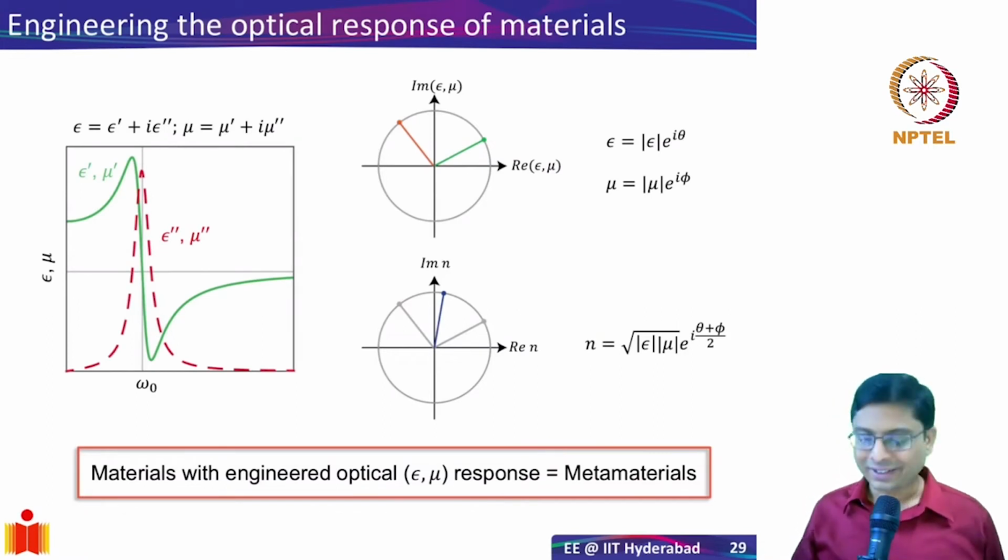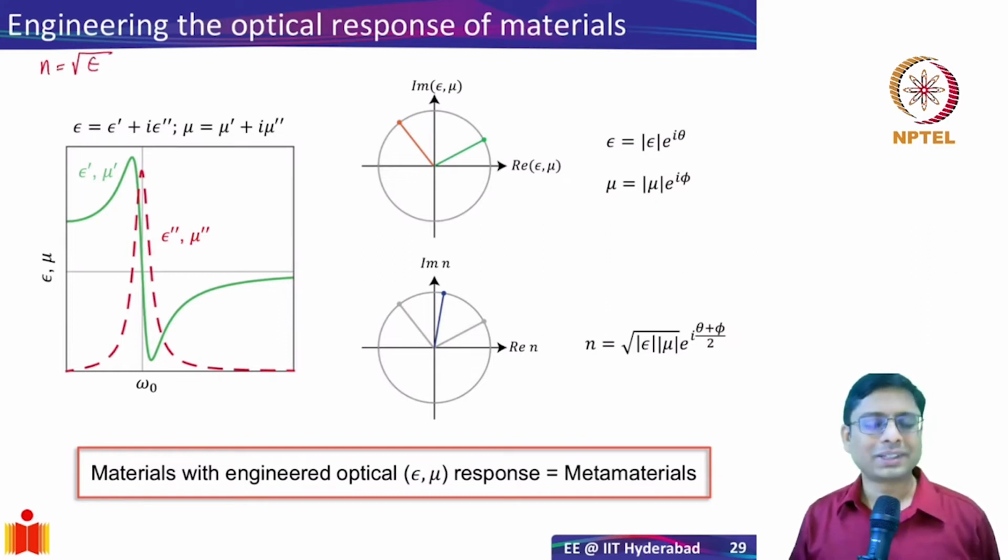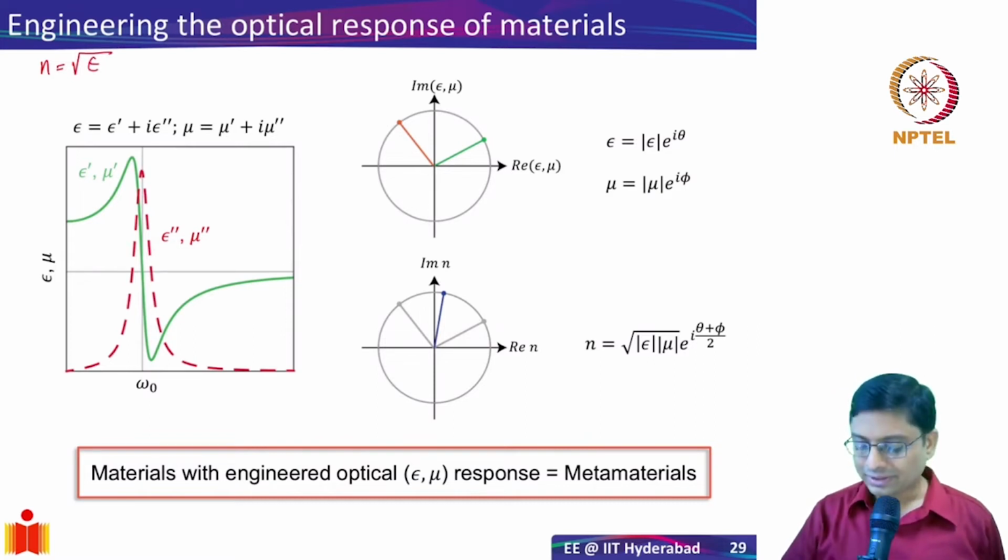The reason why we should care is, when we studied Maxwell's equations, I conveniently told you that n is going to be the root of epsilon. But that was a simplification. The full refractive index is the square root of epsilon times mu.